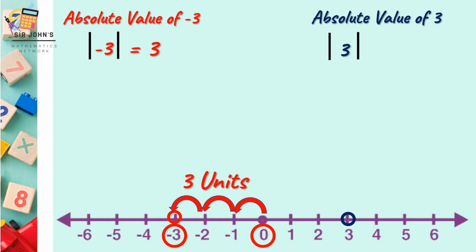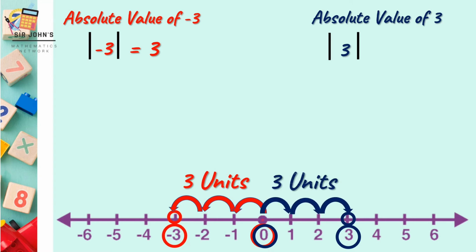Aalamin natin ulit kung gaano yan kalayo kay 0. Ayan. So, bibilangin natin. So, we have 1, 2, 3. So, we have 3 units also. So, that's why the absolute value of positive 3 is the number itself, or positive 3.